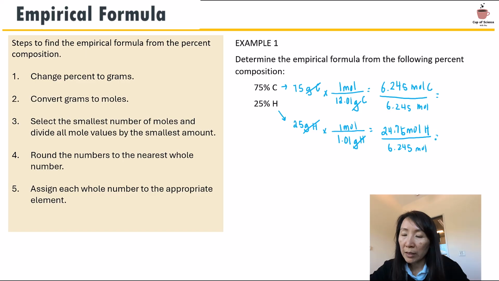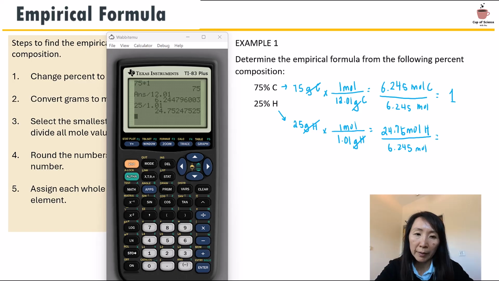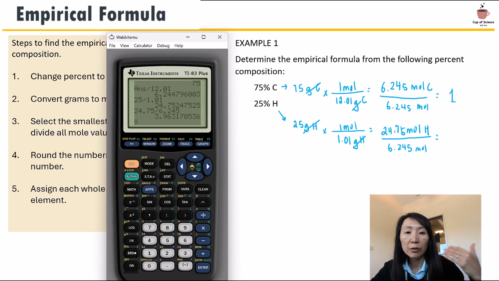The very first one is going to be just 1 because it's the same number top and bottom. For the next one, I calculate 24.75 divided by 6.245, and that gives me approximately 3.96.